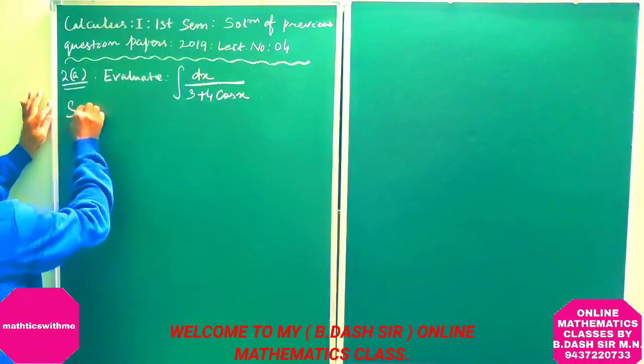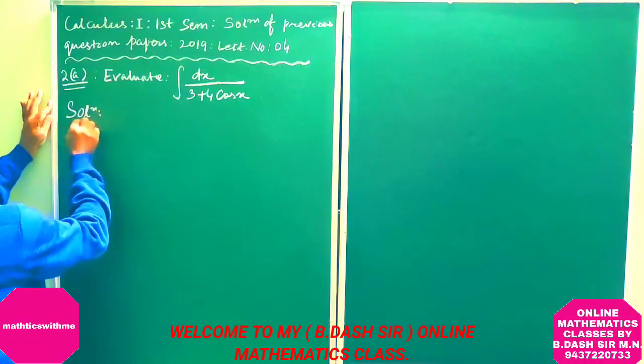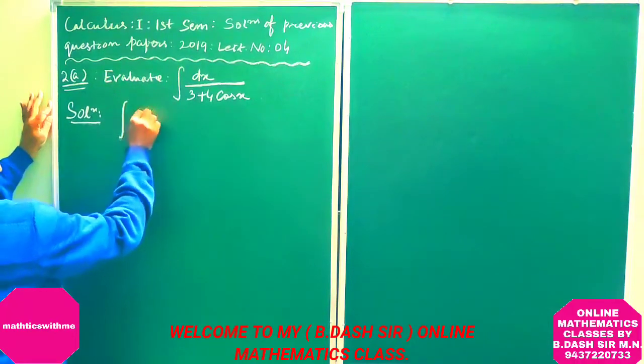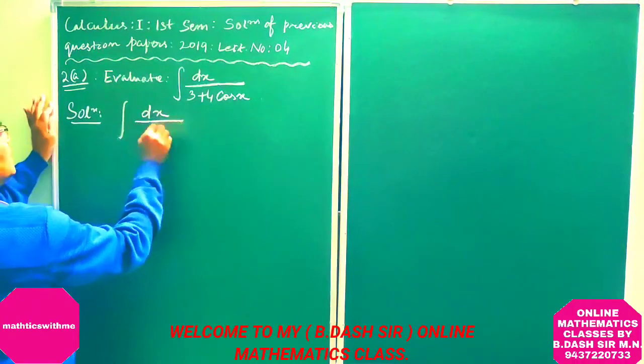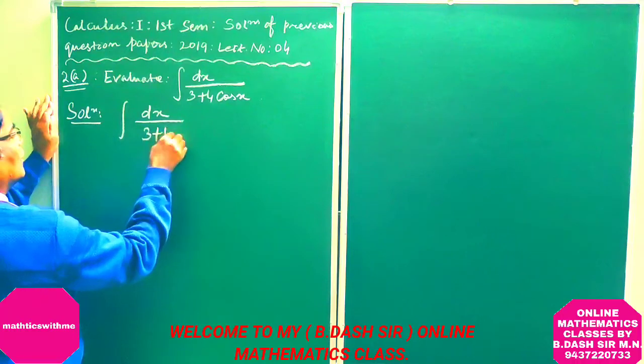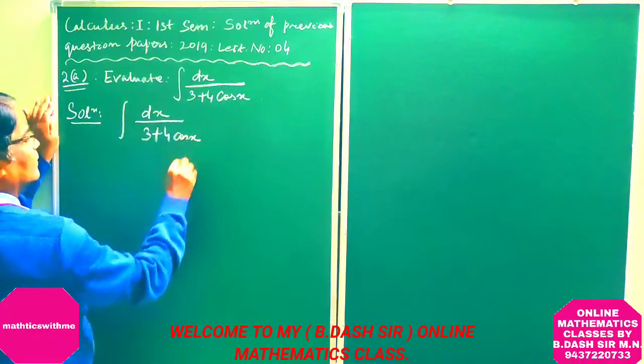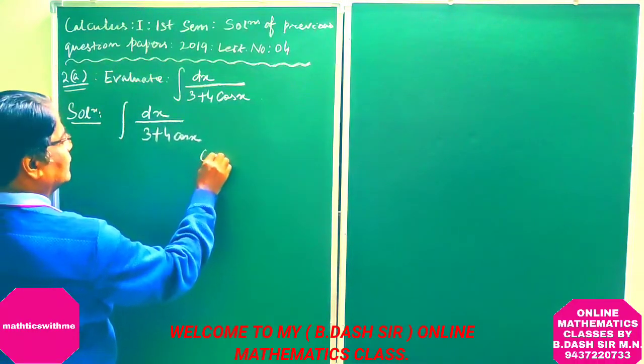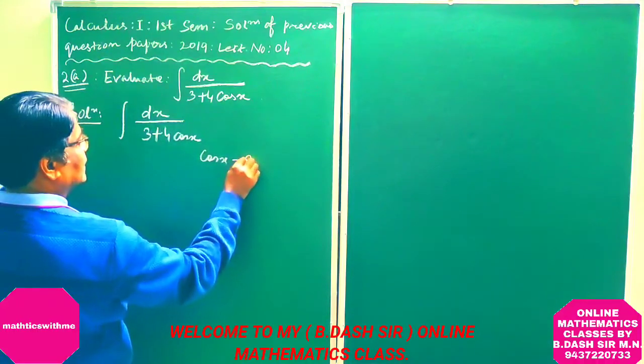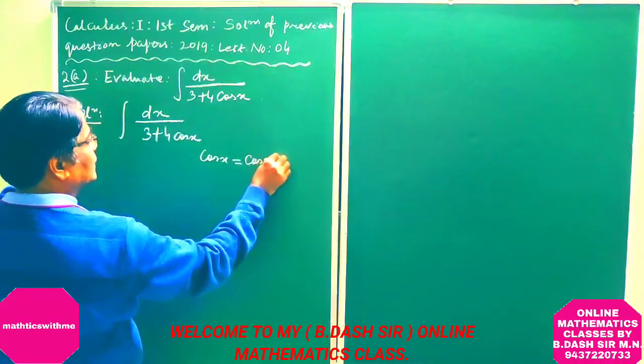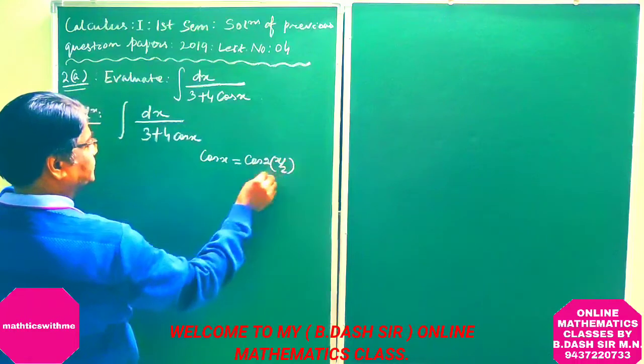Now the solution. The question is evaluate dx by 3 plus 4 cos x. Now cos x is equal to cos 2 into x by 2.